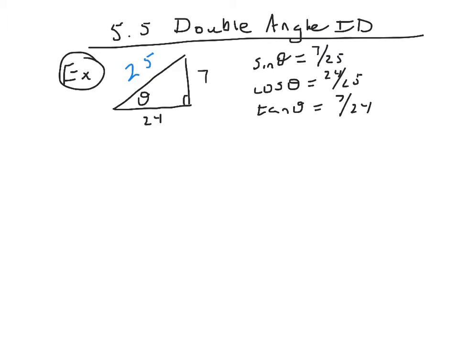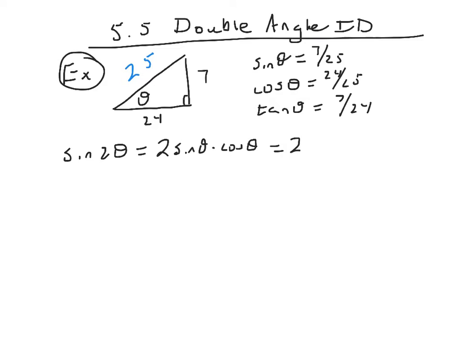So that's old stuff. Now, if I say what's the sine of 2 theta, that now is a new identity. So for the sine of 2 theta, looking at your identity sheet, that is equal to 2 times the sine of theta times the cosine of theta. Well, we just found what the sine and cosine of theta were.